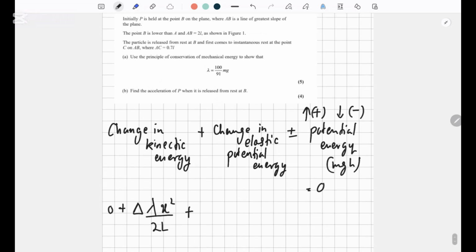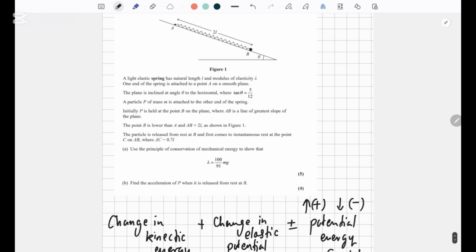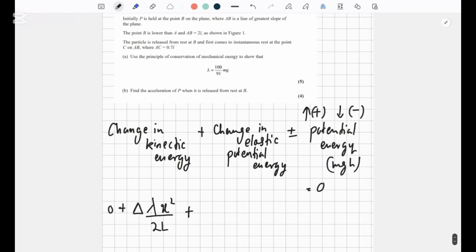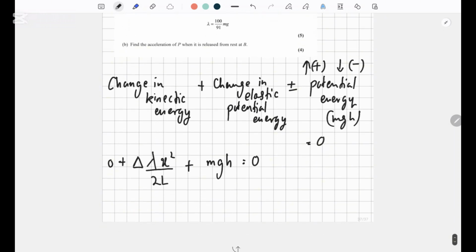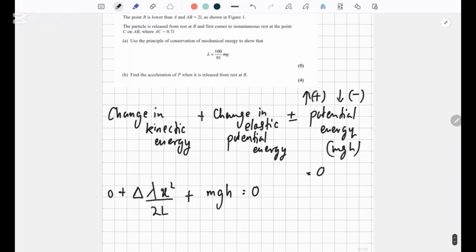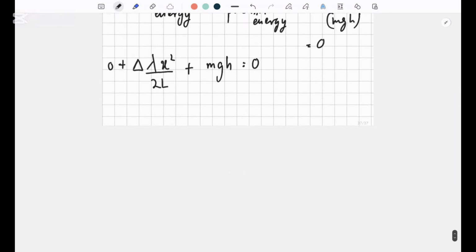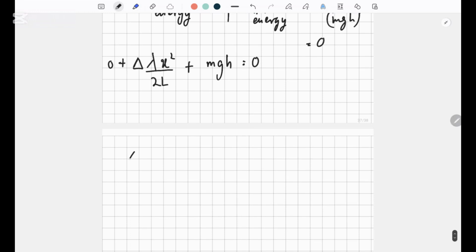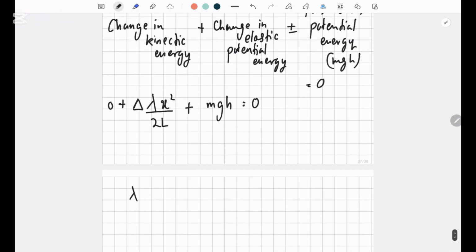Plus, it's going up, so plus mgh equals 0. So now let's write lambda final.